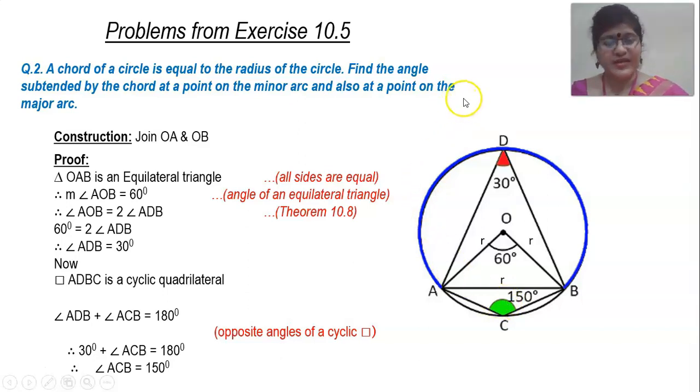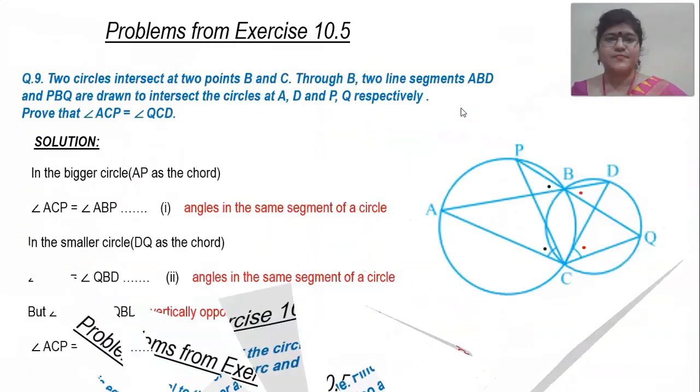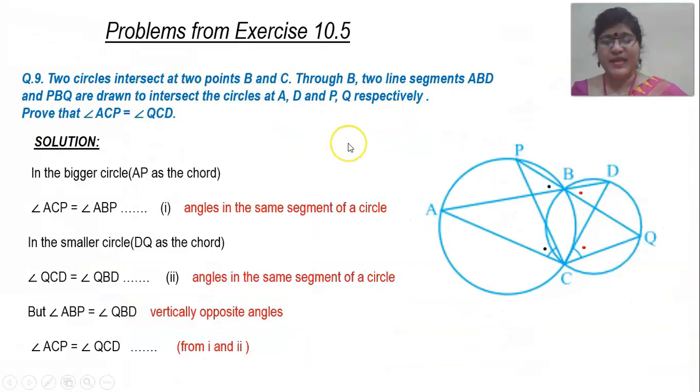Now let us look into another question from the same exercise. Question number 9. This question is also very important. You have to prove that angle ACP and angle QCD, these two angles are equal. So take the larger circle.